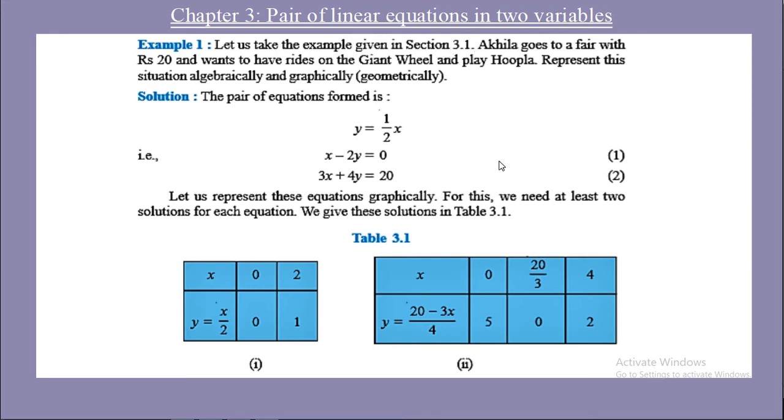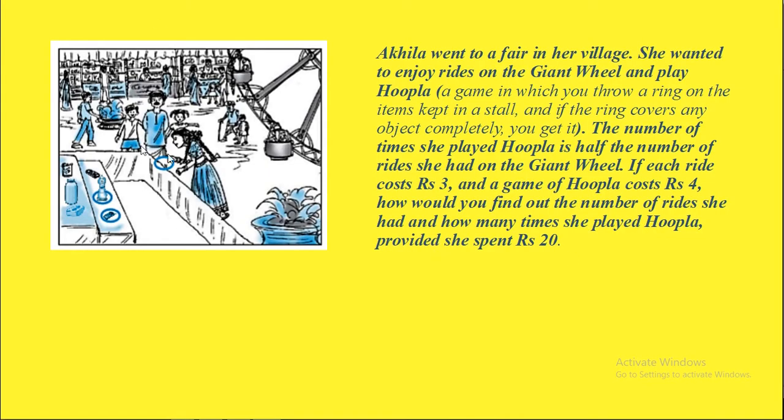So we have to go to section 3.1, and there was a girl named Aguila, and this Aguila went to a fair in her village and she wanted to enjoy rides on the giant wheel and play hoopla. Hoopla is the game in which you throw a ring on the items kept in a stall, and if the ring covers any object completely, then you will get that object.